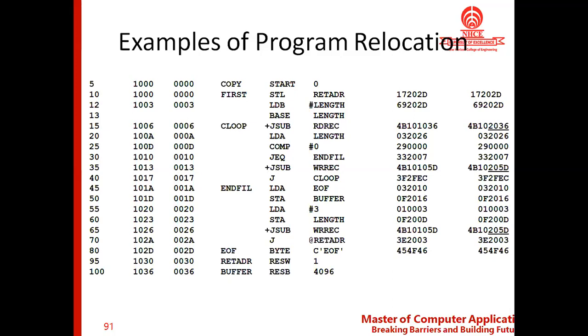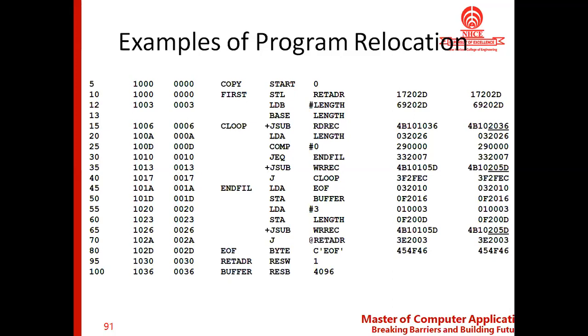So if the starting address is relocated from 0 to 1,000, what happens to the object code? That is what you could see from the last column, which represents the object code for this program if the program is assigned in the address 1,000. Now you could see the object code from the starting address 0 or from the starting address 1,000, the last two columns.